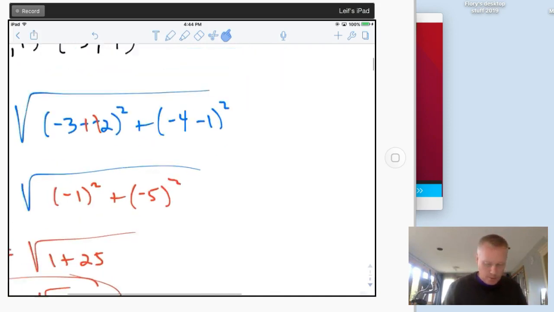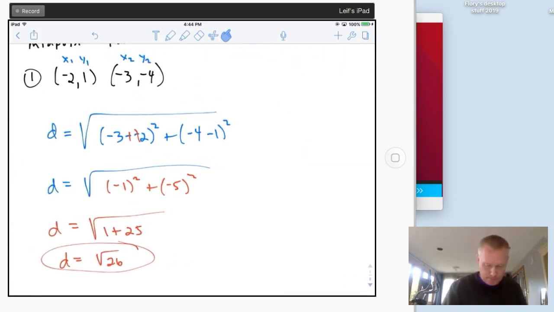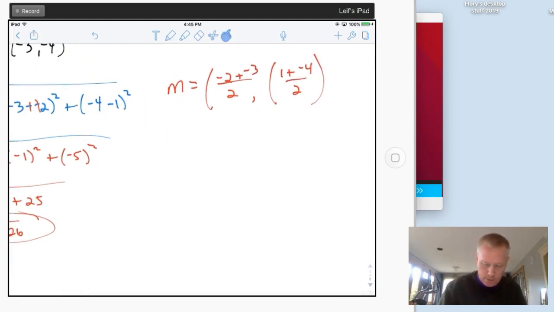Okay, the midpoint is where you add the x coordinates together. -2 plus -3 divided by 2. Add the y coordinates together, which is 1 plus -4 over 2.